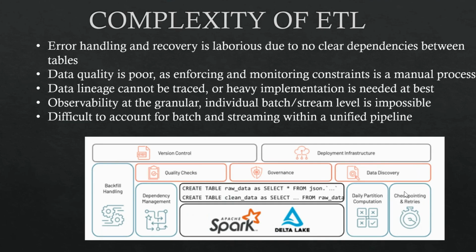You also need to observe the batch and streaming level of data. When data is coming, it could be batch and streaming, so you need to do data observability in that case. And it's also difficult to unify your batch and streaming pipelines in the same pipeline.